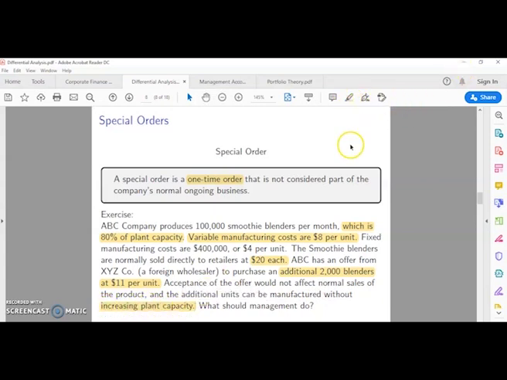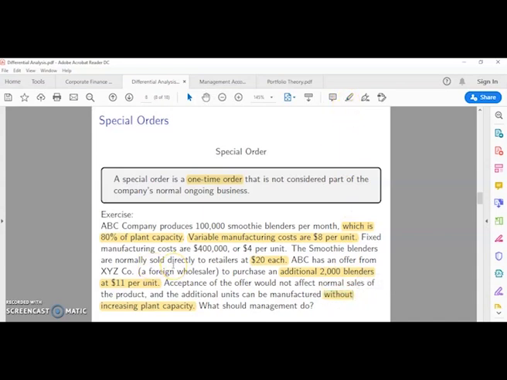This is exactly the point that you should take care of. If this is not going to happen, then of course it will affect your fixed cost.